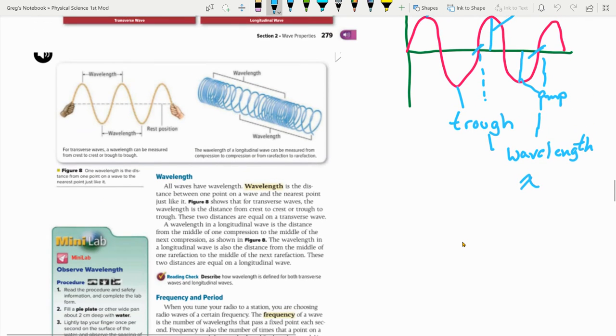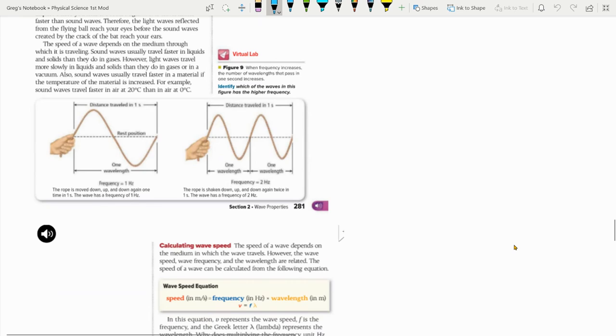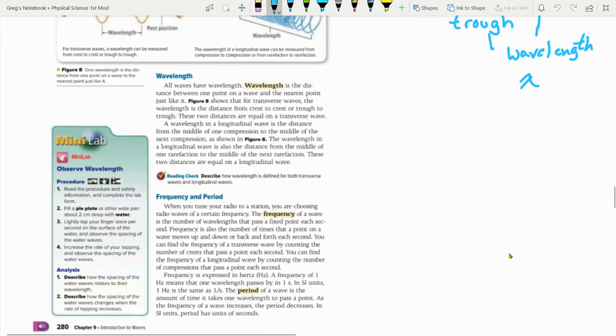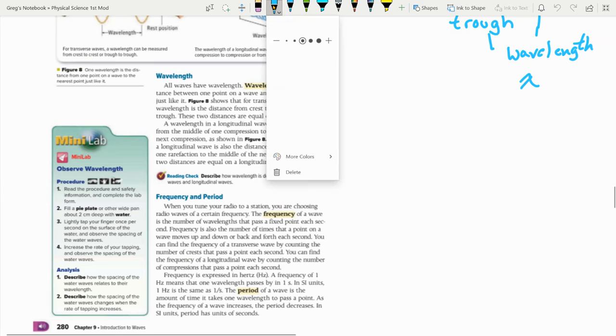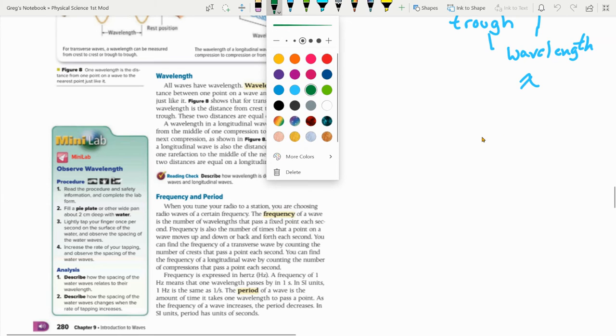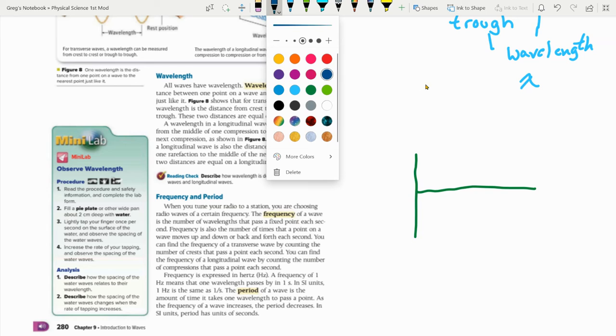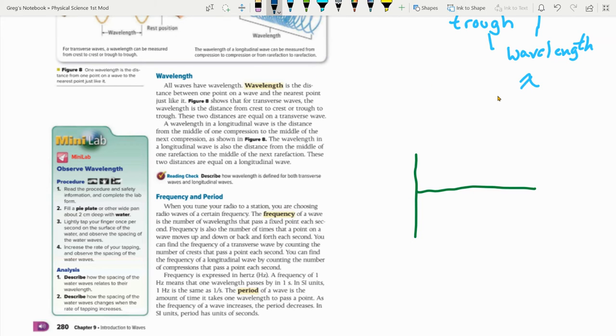As far as a longitudinal wave goes, let's draw a longitudinal wave real quick. Let's get some blue on here. And here's a compressional or longitudinal wave.